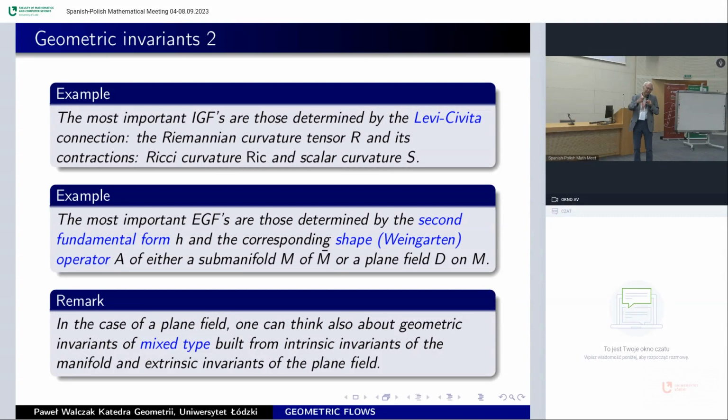This means you can mix intrinsic and extrinsic invariants, producing something new.